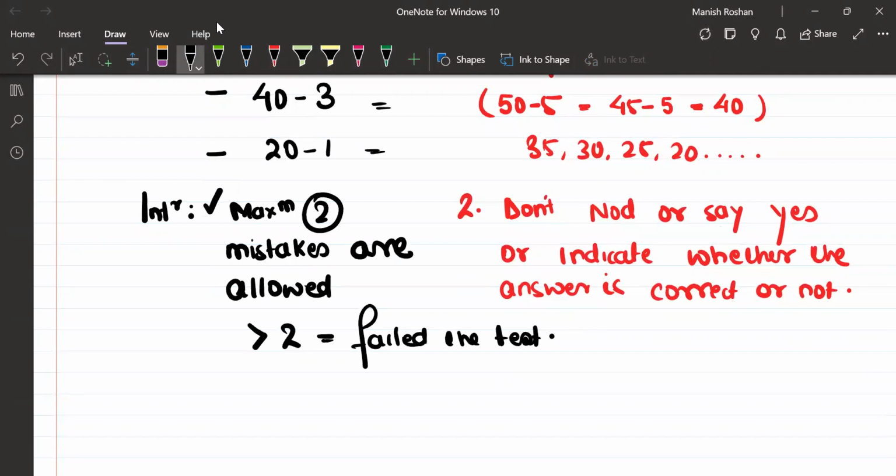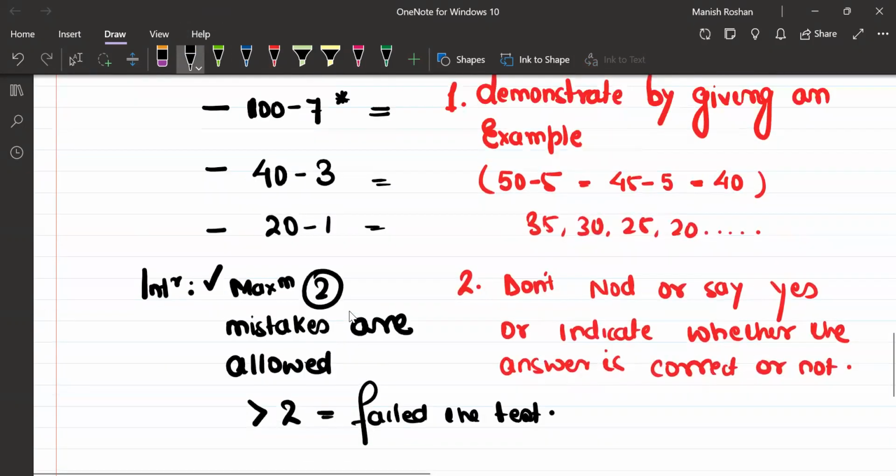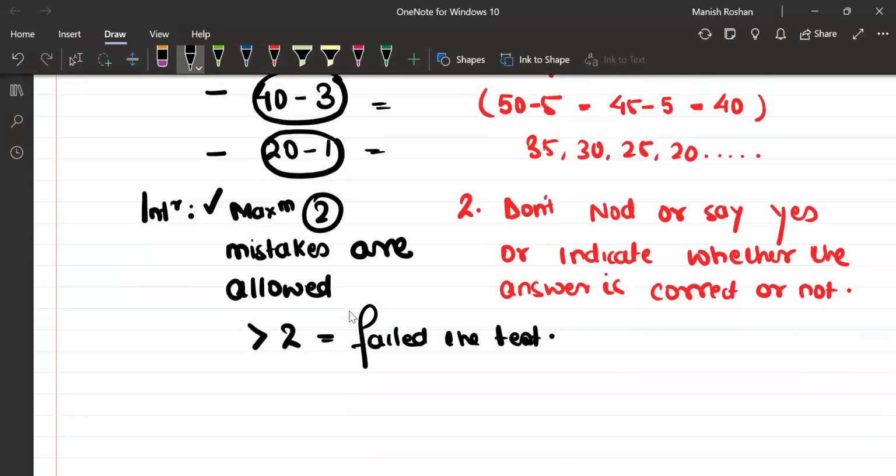For example, if the individual is not able to do 100 minus 7, you can definitely try other simpler versions of them, 40 minus 3 or 20 minus 1. But if the person gives 2 or more incorrect answers, then definitely the test has failed.